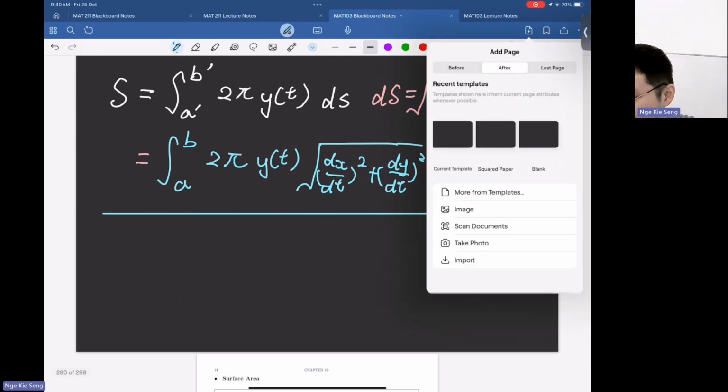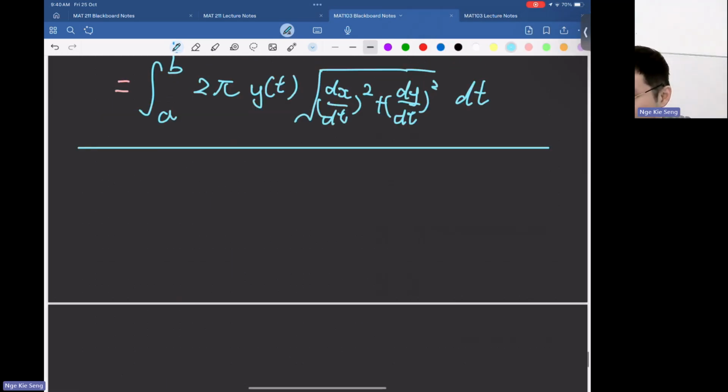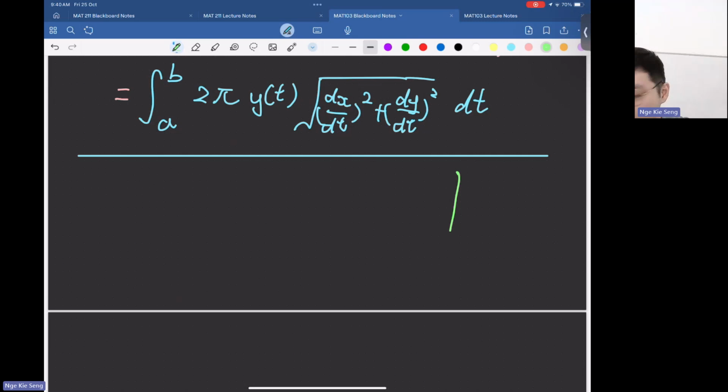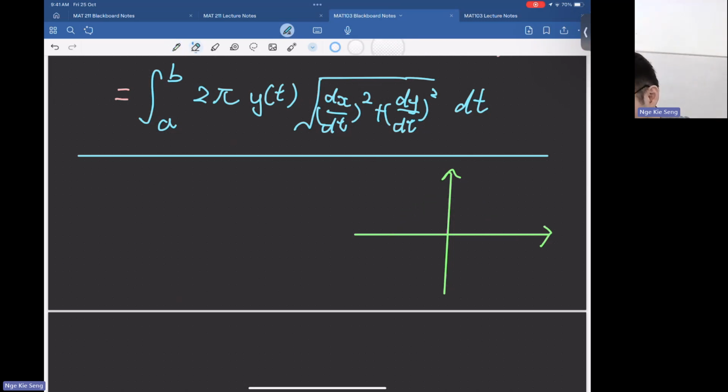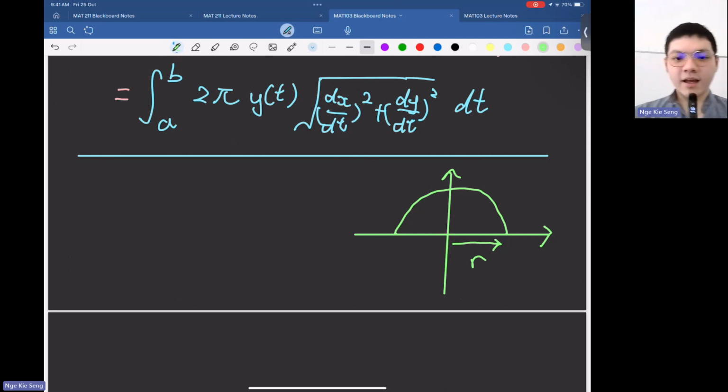Try this example here. Let's start with drawing, then we can describe it. The drawing is the same, but maybe we do it with more generality here. Let's take this semicircle again. The semicircle is our good friend, or the circle is our good friend, so we should always remember him. If I rotate this semicircle around the x-axis, what do you think you will get?